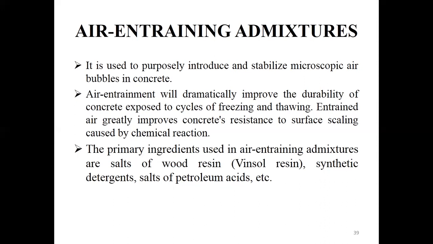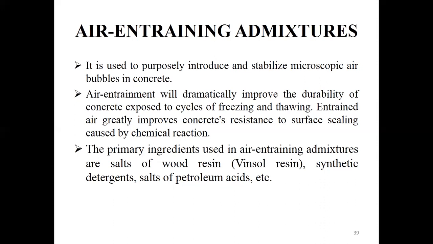Basically, there are two kinds of air in concrete. One is entrapped air and the other is entrained air. Entrapped air means that when you are making concrete, there will be some air voids present in the concrete. This air void is not at all good for the concrete. For that purpose, we compact the concrete using a tamping rod.